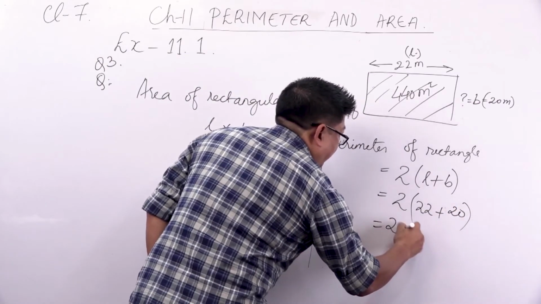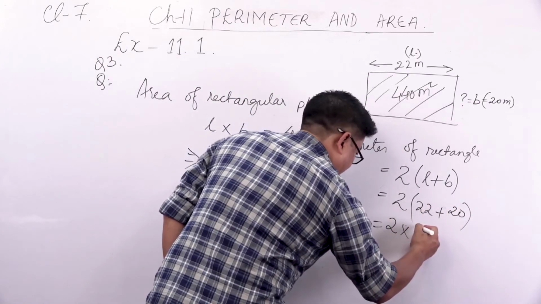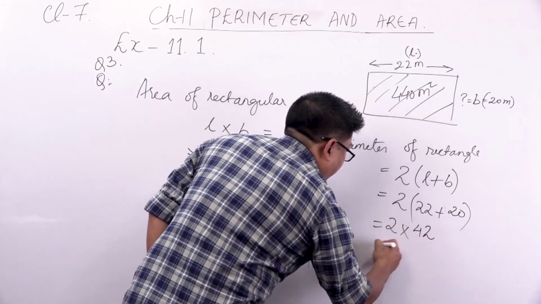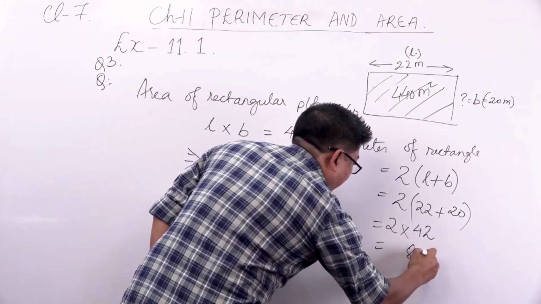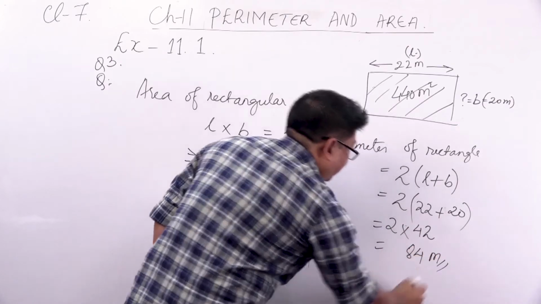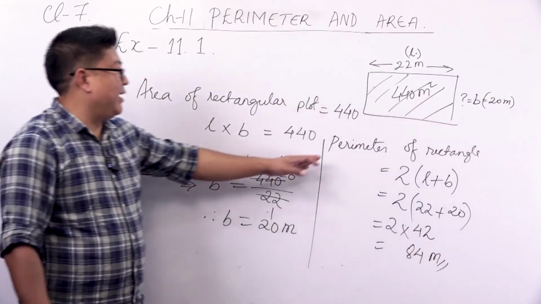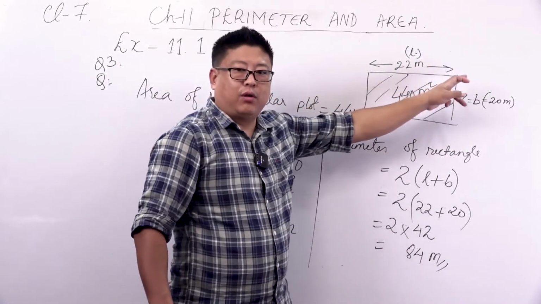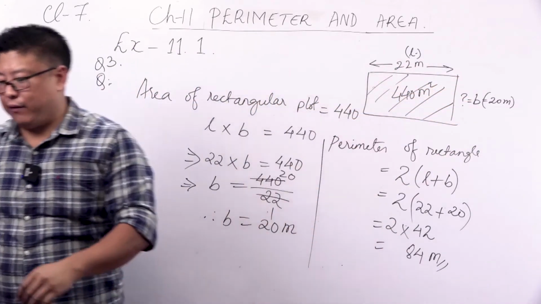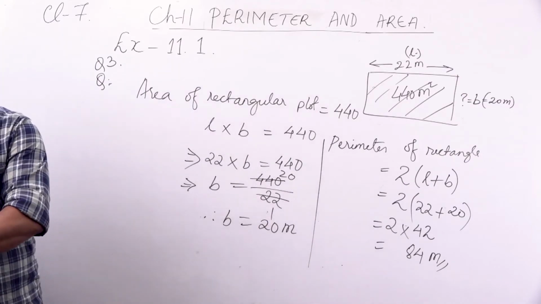So it will be 2 into 22 plus 20, which is 42. If you multiply this, 2 into 2 is 4, so 84 meters. So your perimeter is 84 meters. That means when you add all the 4 sides, you will get 84.